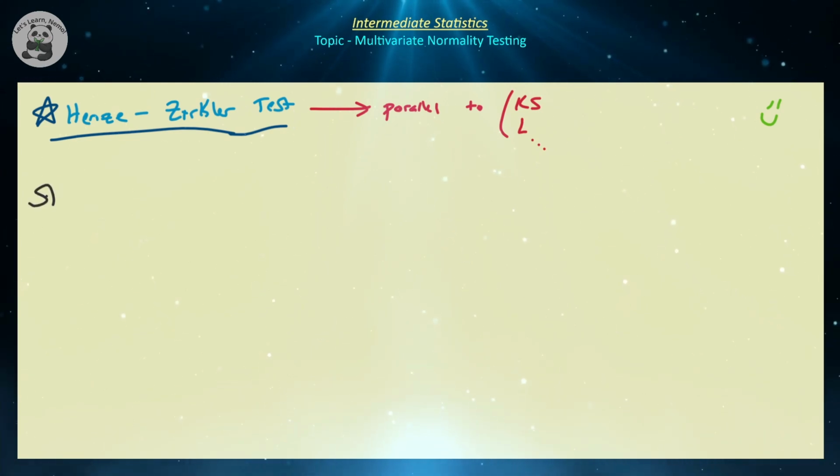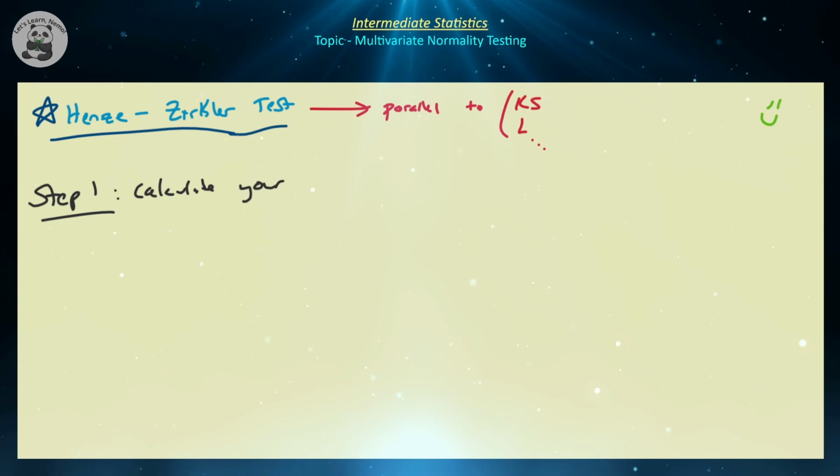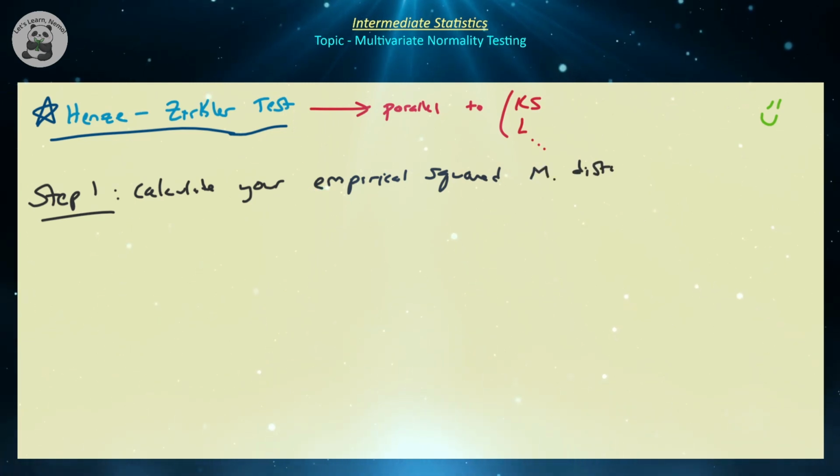So the very first thing that you need to do when it comes to calculating a Hanze-Zirkler test statistic is to again calculate your empirical squared Mahalanobis distances. That's the first thing that you have to do, just like we did with our Mahalanobis Quantile-Quantile plot. So we're going to have our Mahalanobis quantiles, which I'm going to call, for example, mj.